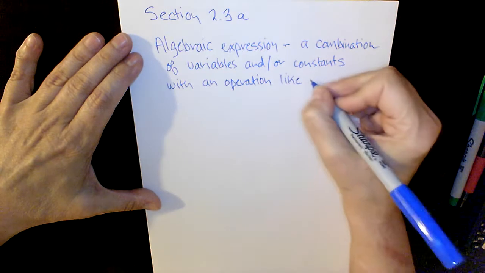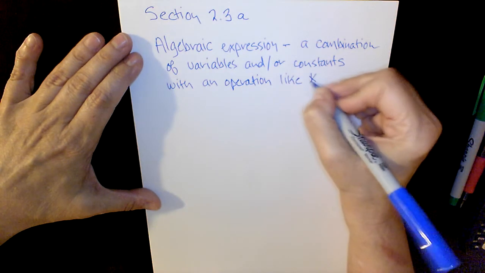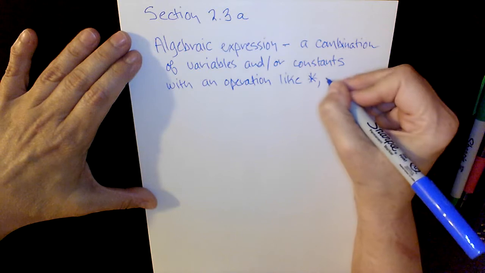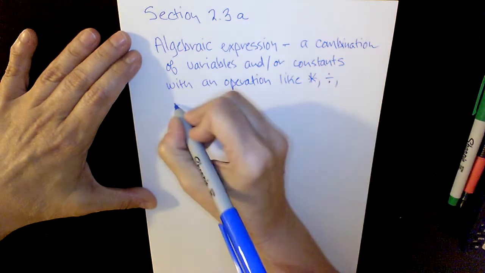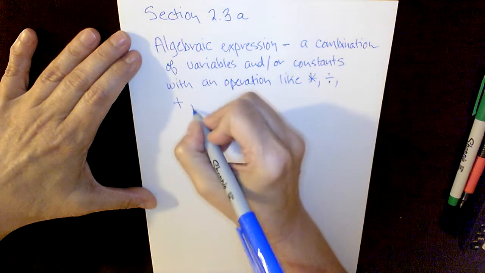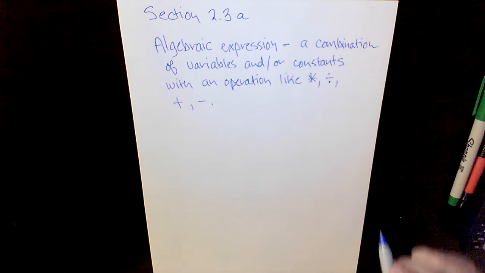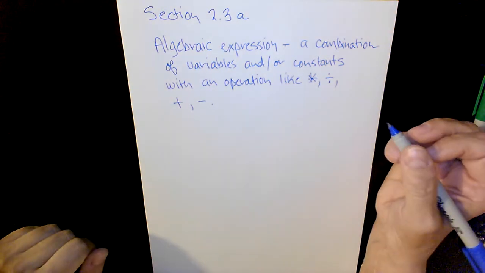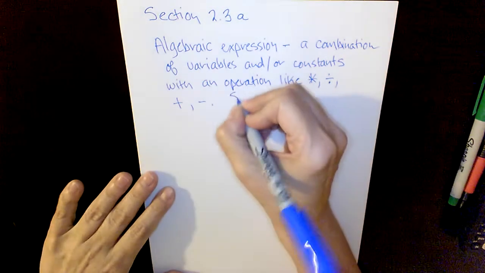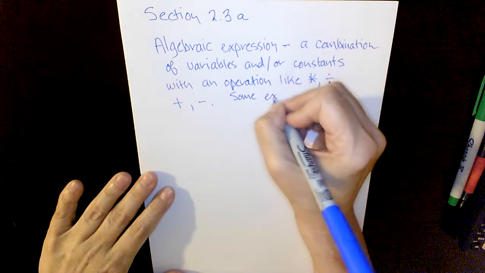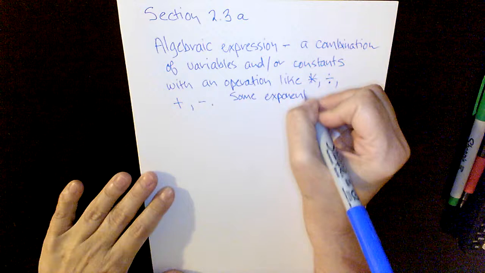Like an operation could be multiplying, dividing, adding, or subtracting. So it's a combination of variables and or constants with an operation like multiplying, dividing, adding, or subtracting. And some exponents could be in there as well.